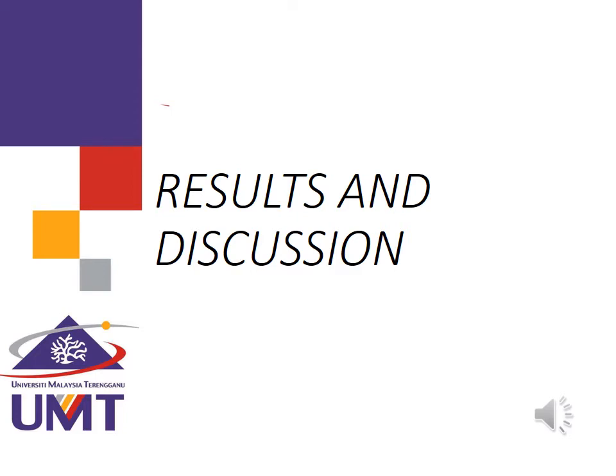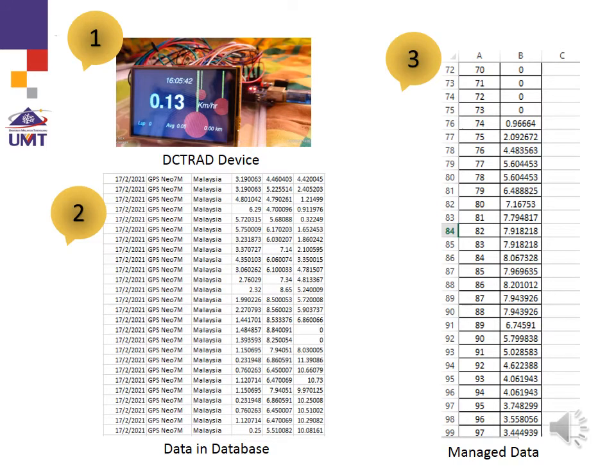Next, let's have a look at the results obtained in this research. As we can see in this slide, the first image shows the overall view of the driving cycle tracking device. We have a 3.5 inch TFT touch screen which displays the speed in km/h, real-time clock, laps, average speed and also distance traveled.